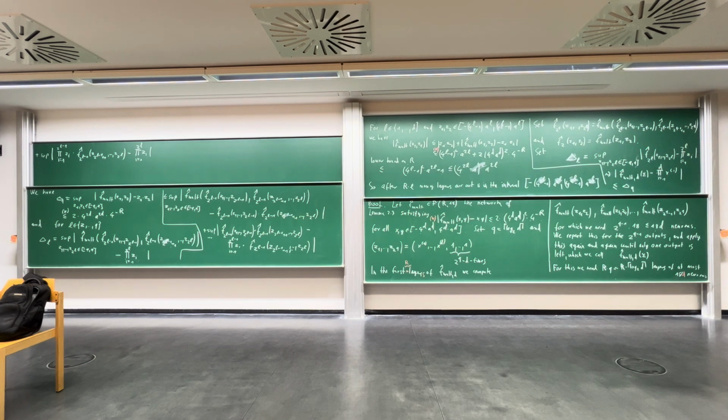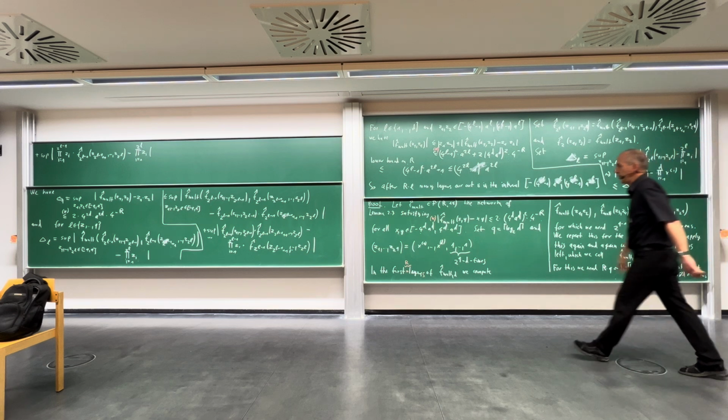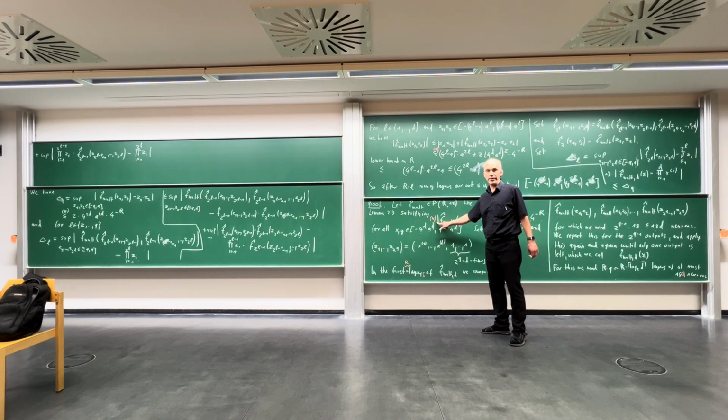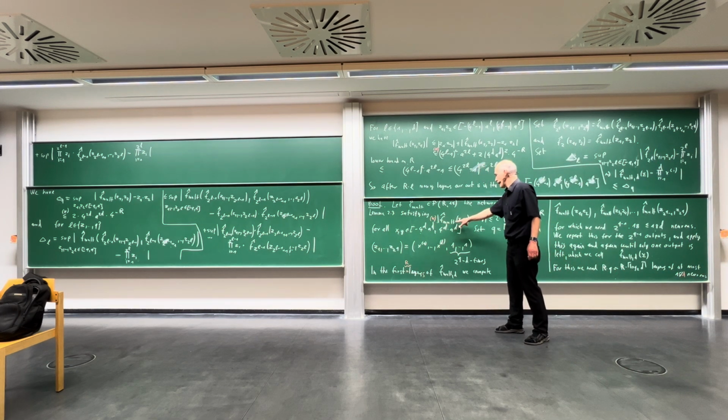First supremum. The first supremum is upper bounded by lemma 2.3. It's bounded by lemma 2.3, so it's basically bounded by our star, yeah? Because that's just one of these guys.